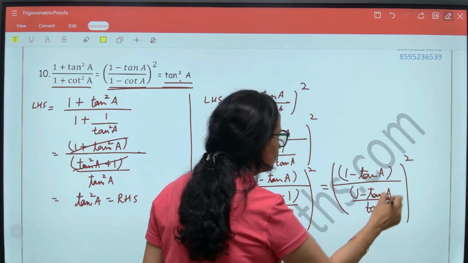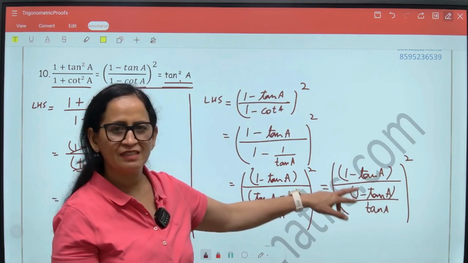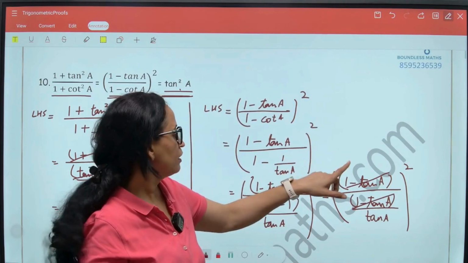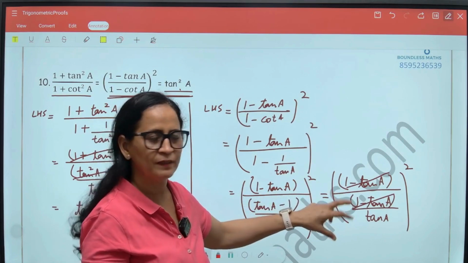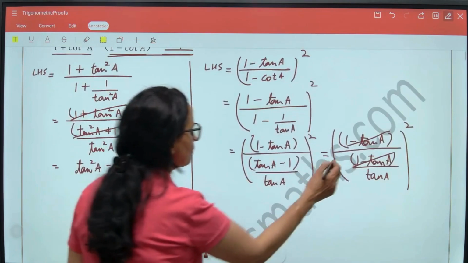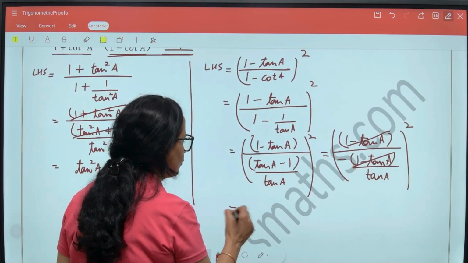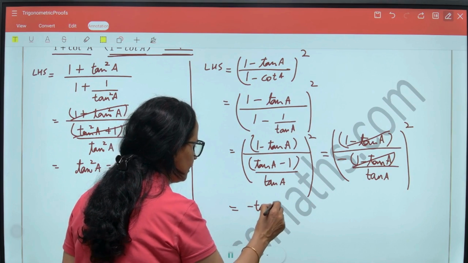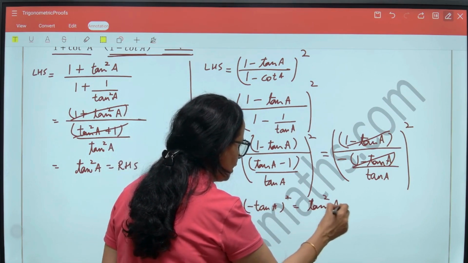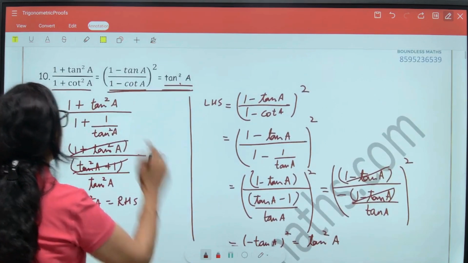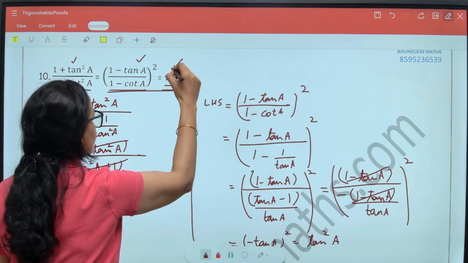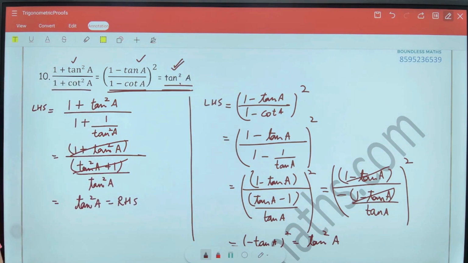So now 1 minus tan A gets cancelled with 1 minus tan A. Again numerator divided by fractional denominator, so numerator multiplied by reciprocal of the denominator. So this becomes what? There is a minus sign also. So this becomes minus tan A whole square, which is same as tan²A. So we have proved that the first expression is equal to the third one, and on this side the second is also equal to the third one. That means all three of them are equal.